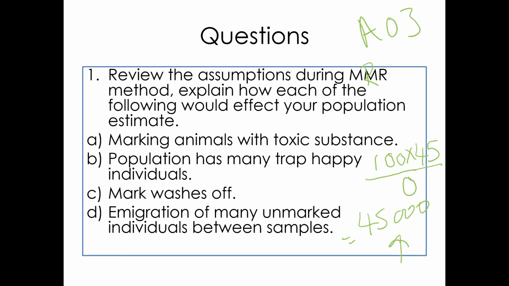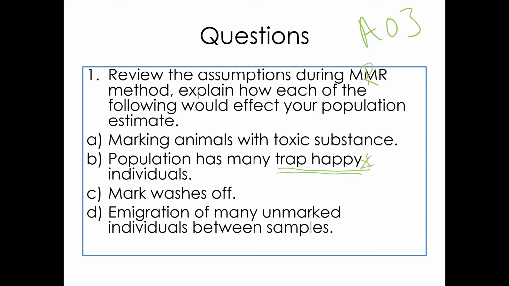Could you have a go at the next one and see what impact you think it would have on their estimation? Scientists have used the mark, release, recapture method to estimate the population of ladybirds or mice. Mice would be better in this example. Now the population has developed many trap-happy individuals.